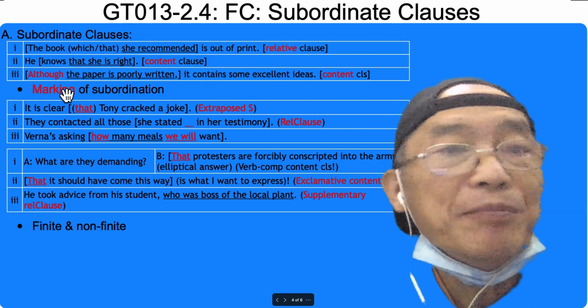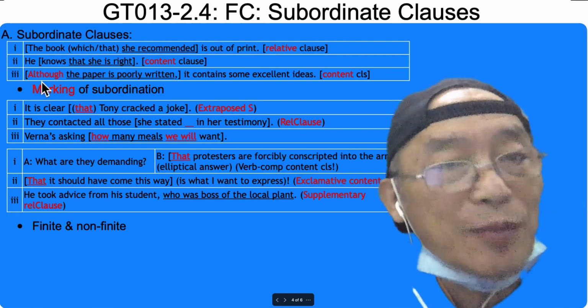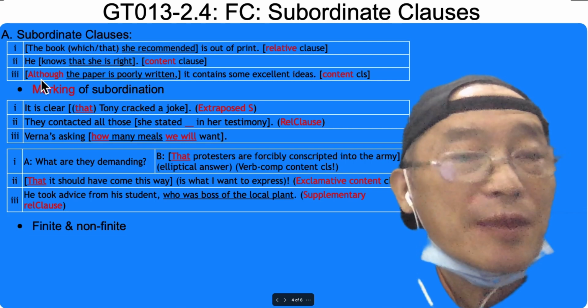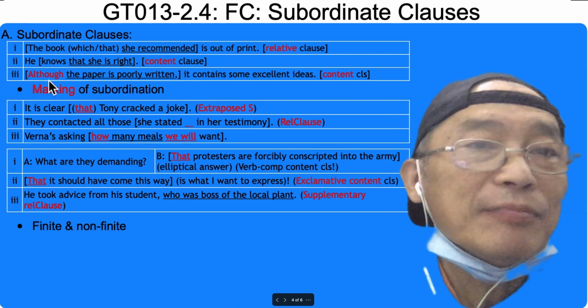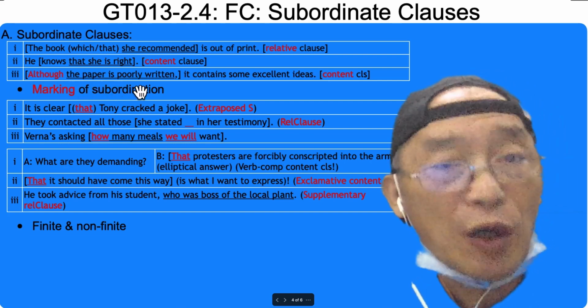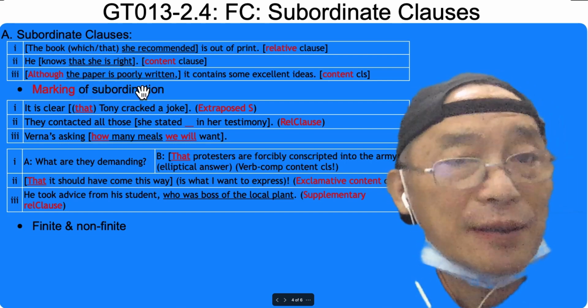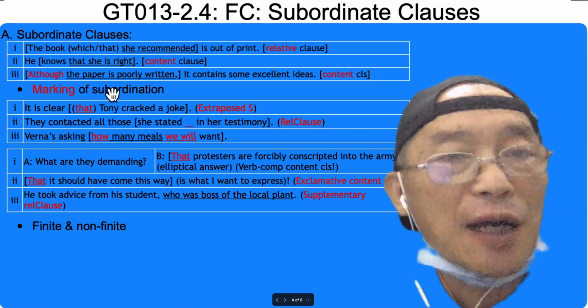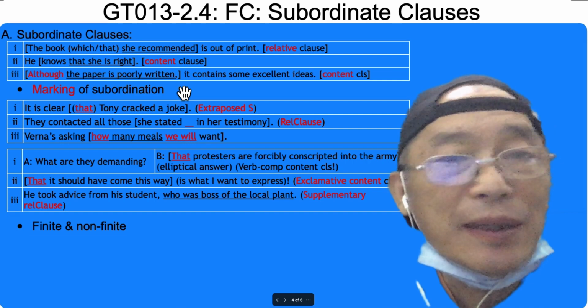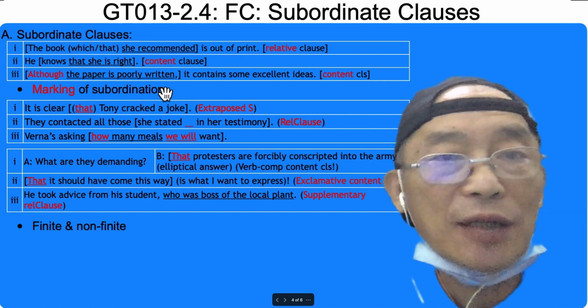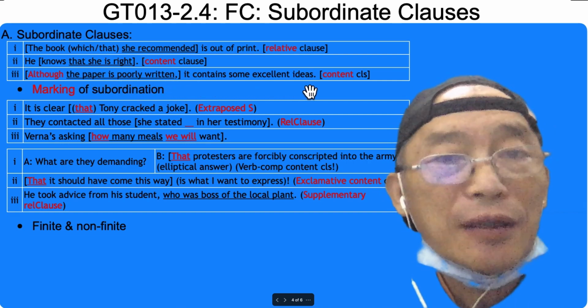For new grammar, this is not a subordinating conjunction. That's for traditional grammar. For new grammar, it's just a preposition taking a clause, a declarative content clause as its complement. So it's acting as a supplement or an external adjunct for this main clause.